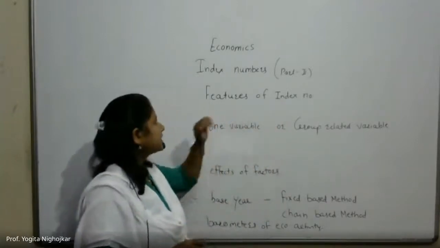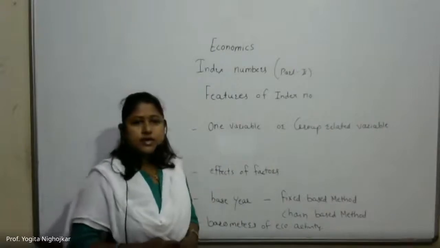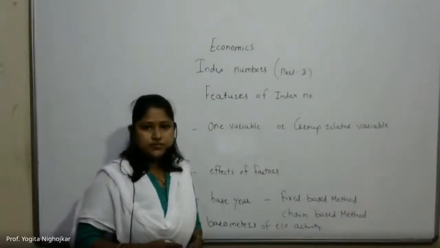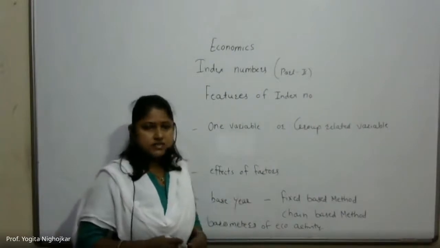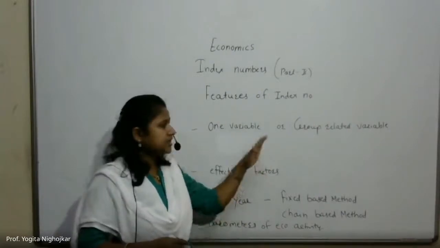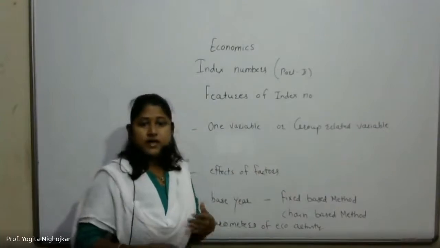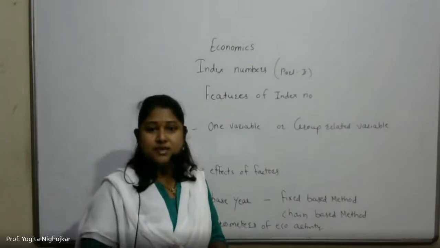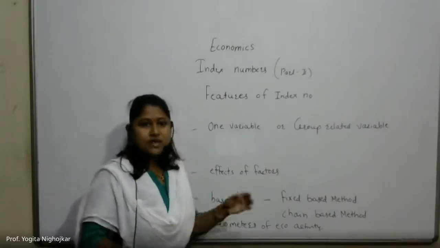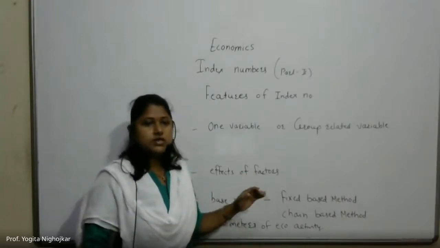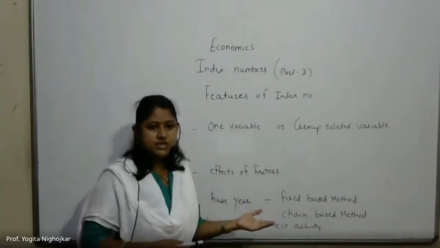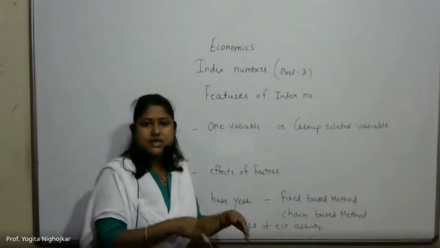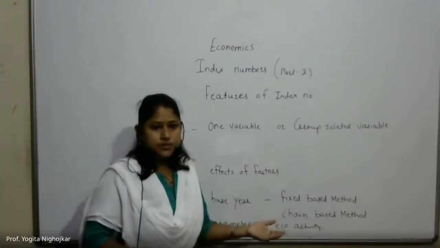What are the features of index numbers? Index numbers are a special type of average. It is a statistical device, so it is a special type of average, whereas for mean, we all know the mean, median and mode. Mean, median and mode measure absolute changes and are used to compare only those series which are expressed in the same unit.